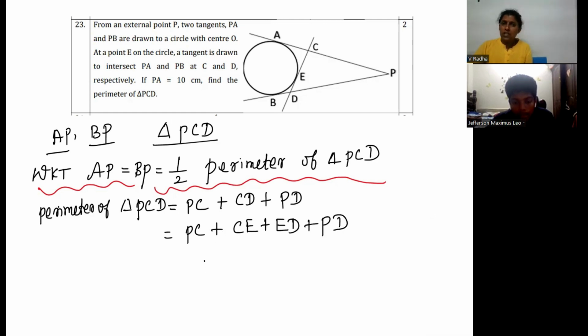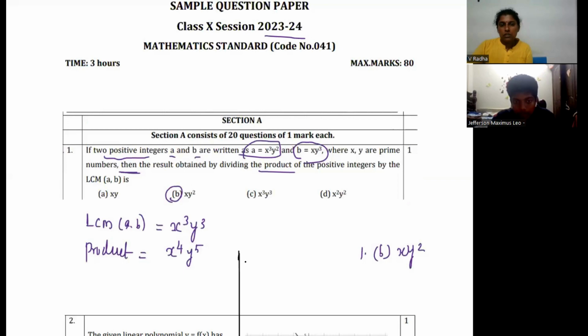But CE is equal to AC because of a tangent. So instead of CE and ED, we replace them with the equal tangents. CE is equal to AC.